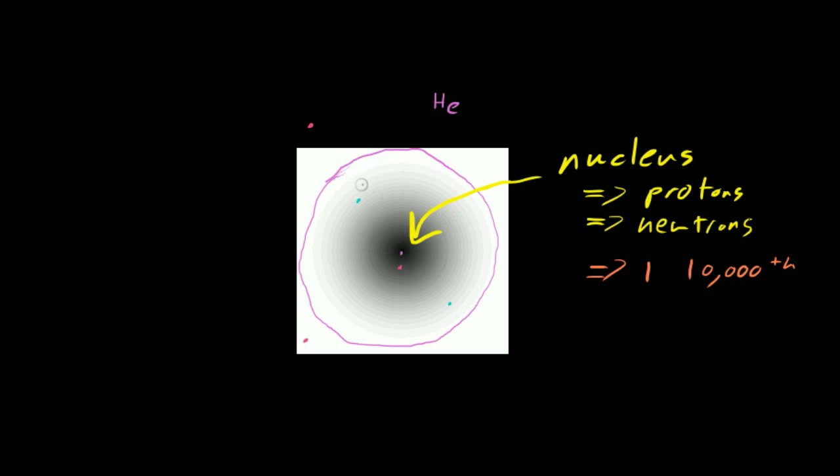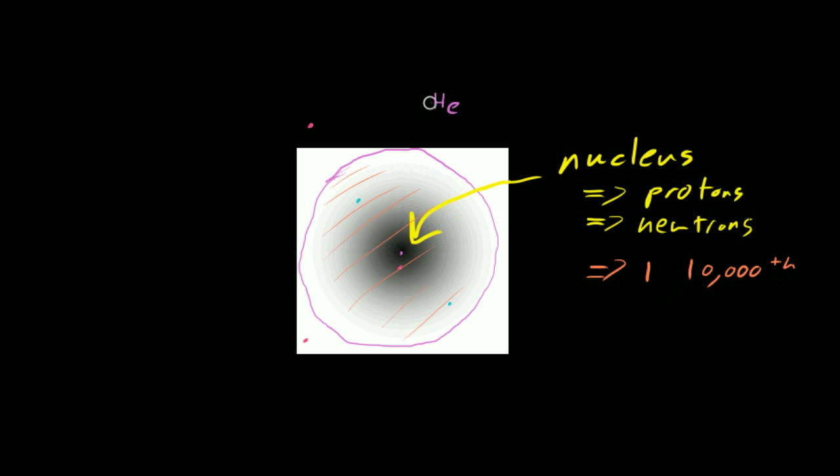And you might wonder, if this whole haze is just two electrons, then what is all of this extra space in there? That's just it. This is all empty space. So 9,999 10,000ths of our helium atom here is going to be empty space.